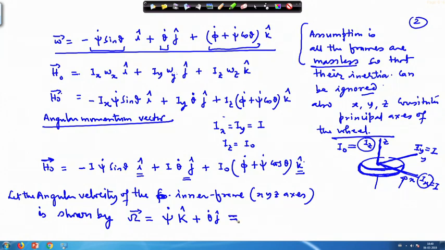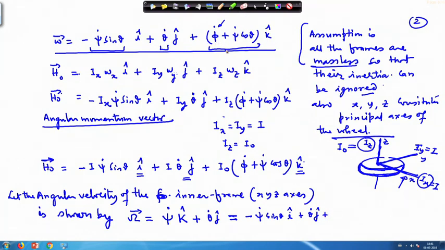And already we have written here the capital K. So, the only thing, this phi dot you can delete, and this can be written as psi dot sin theta times I cap plus theta dot j cap, because this frame is not rotating along with the wheel.